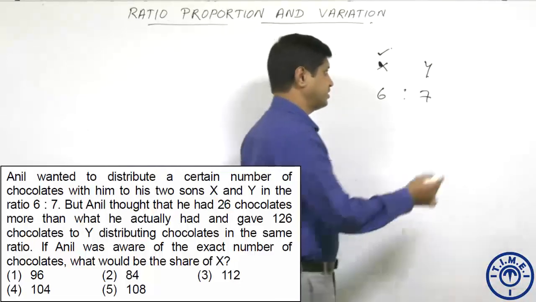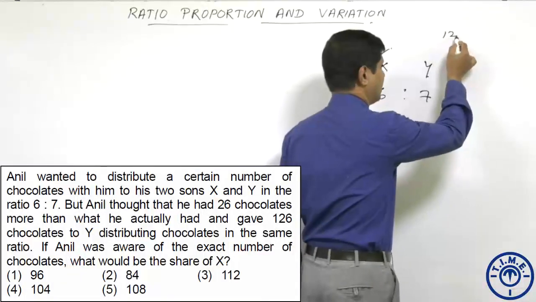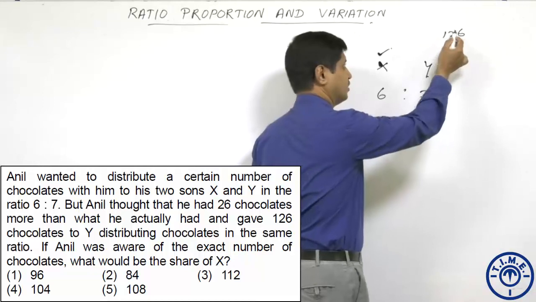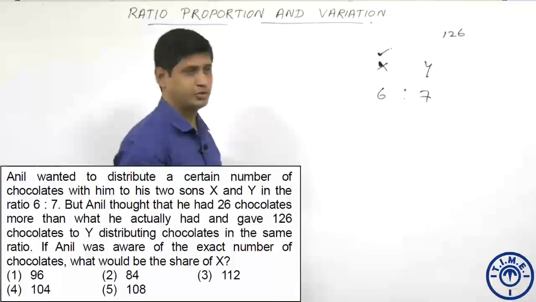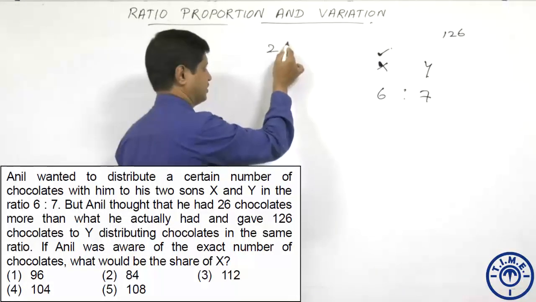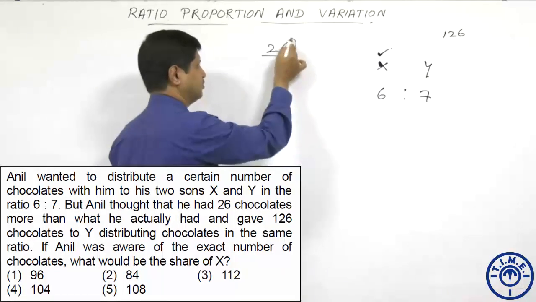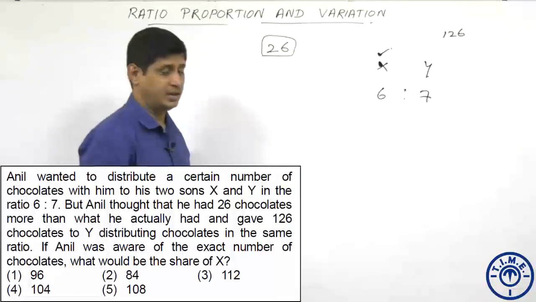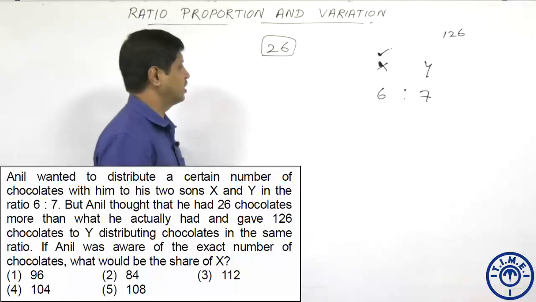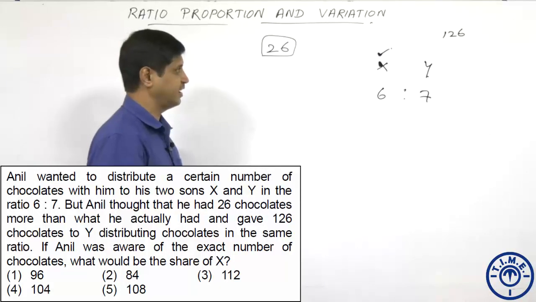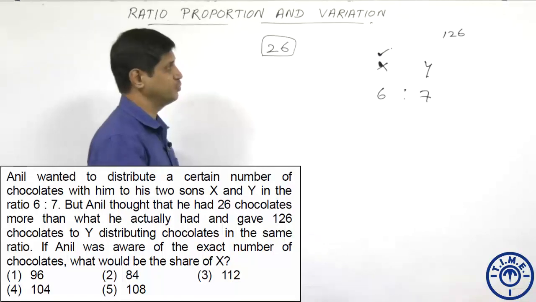Now, he gave 126 to Y, assuming that he had 26 chocolates more than actual. Now how many chocolates more were distributed to Y?